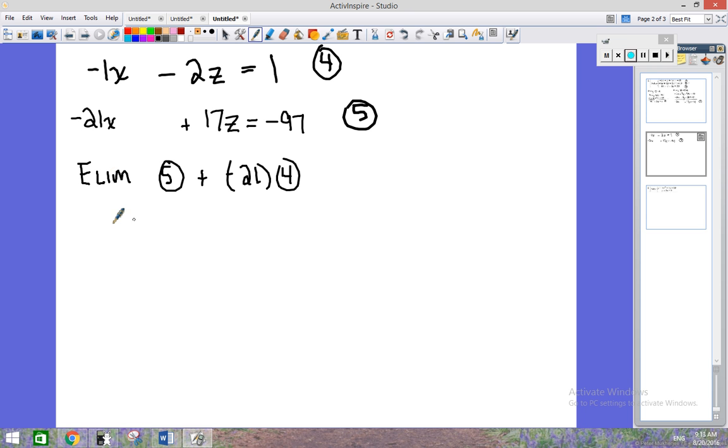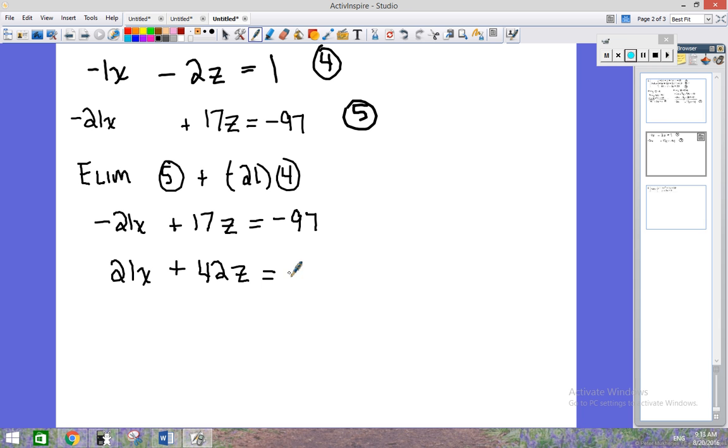So if I write equation 5 as is, and now every term in equation 4 gets multiplied by a negative 21. So that becomes a 21x, negative times negative, that becomes positive. I closed my eyes for a second, I jumped to equation 5.